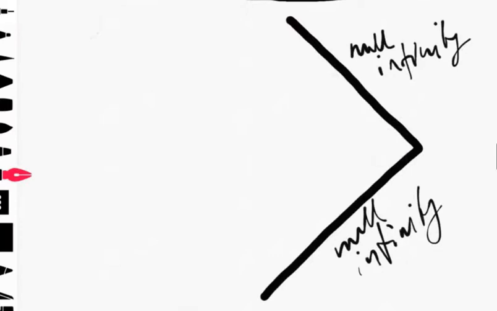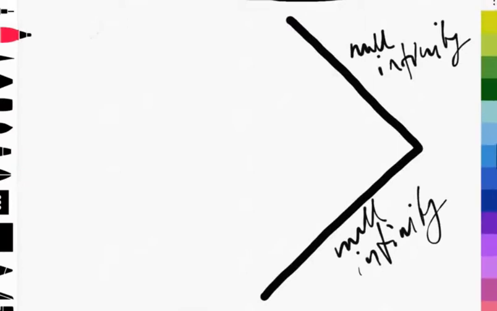So anyway, there are special points here, and I'm going to draw them in, say, red. This point here is a space-like infinity. I'm going to mark it so that we remember it.